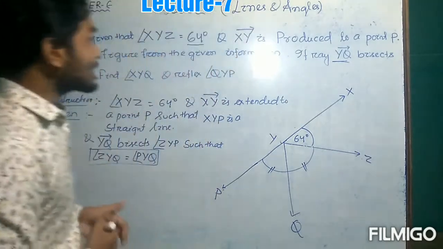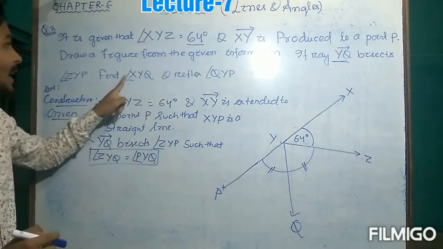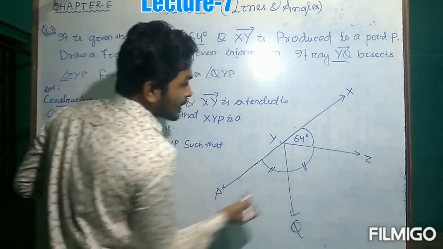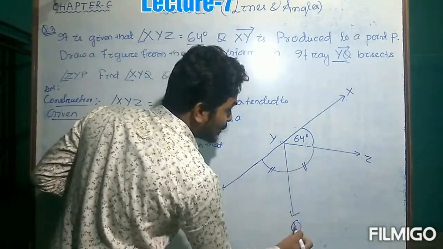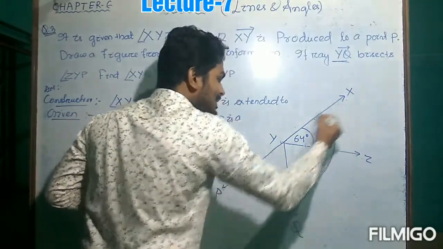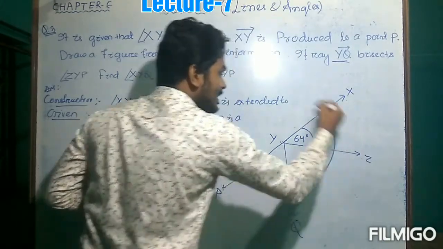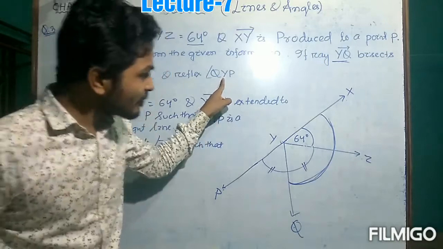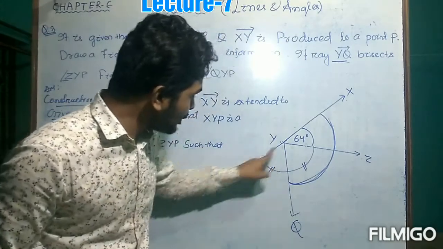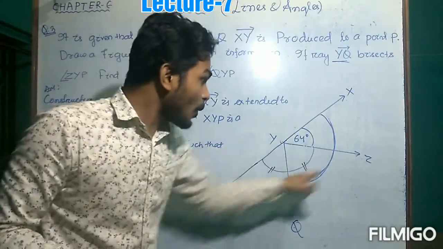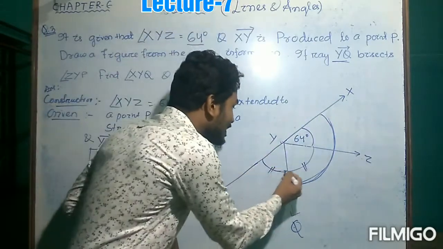Okay. Next, you have to find angle XYQ. So you have to find this angle, XYQ, and reflex QYP. First find what is QYP. Reflex means, I have told you, the sum of all the angles excluding this angle.